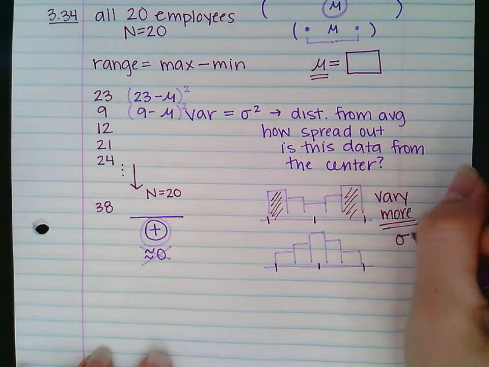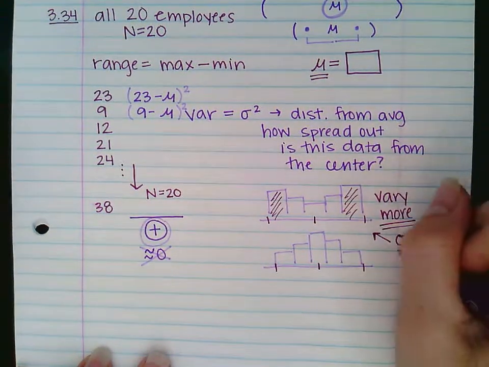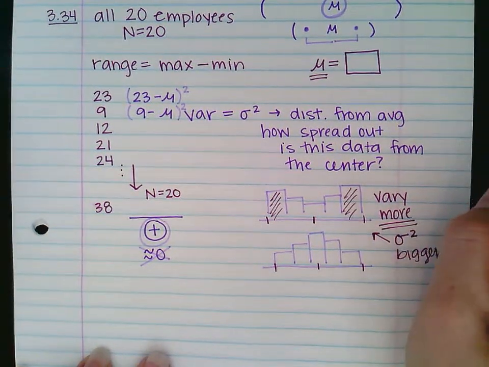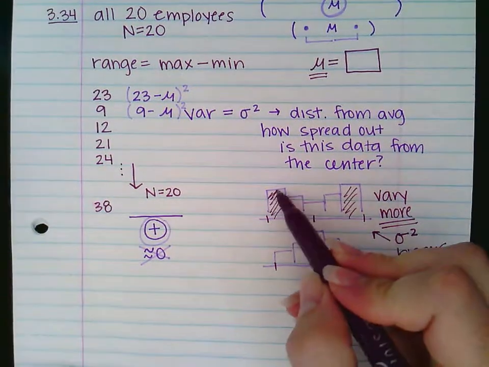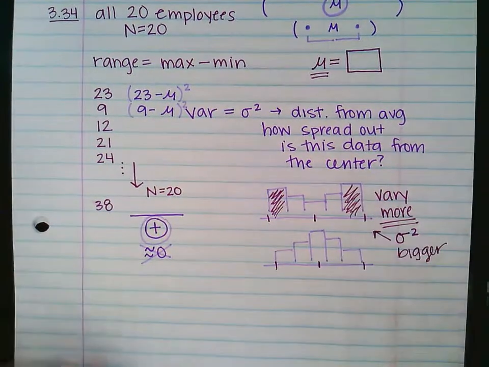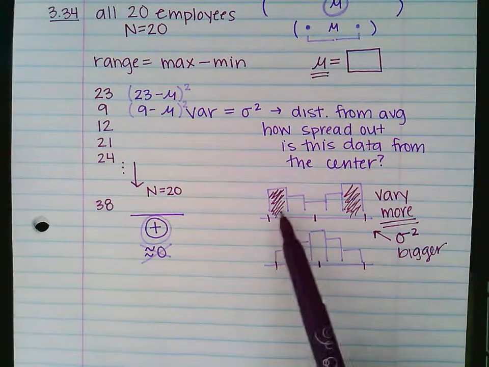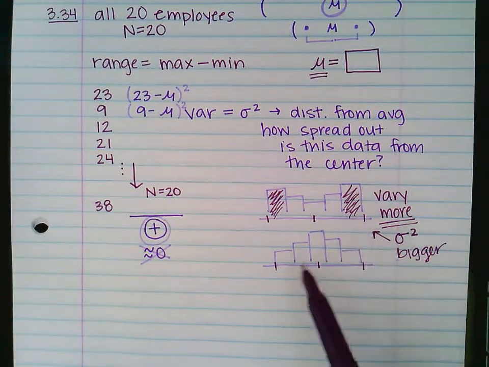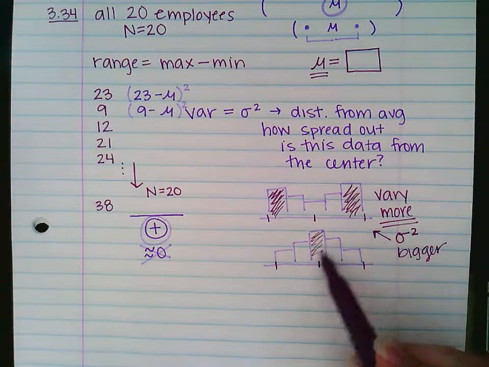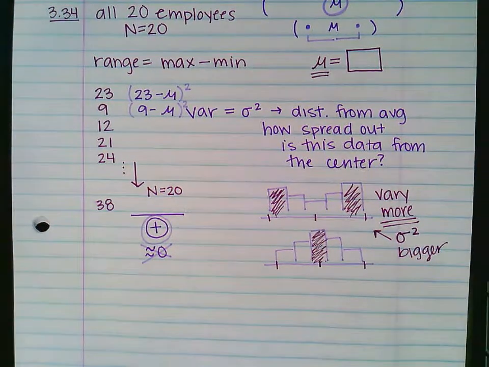So the standard deviation of this one needs to be bigger, because these extreme values, the values that are further away from the mean, need to carry more weight because there are more data points away from the middle, versus here, all the weight is in the middle.